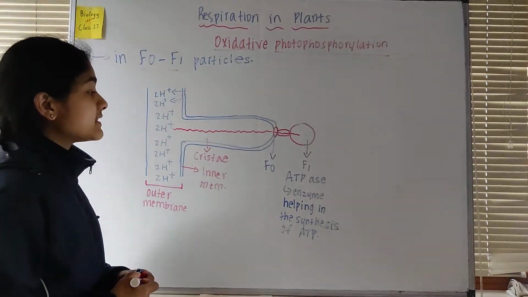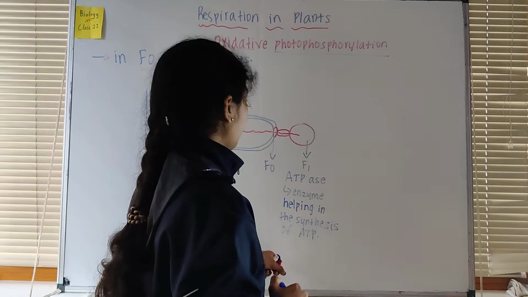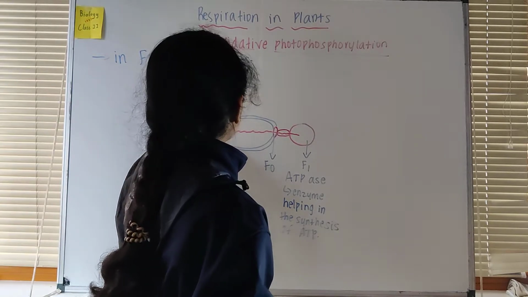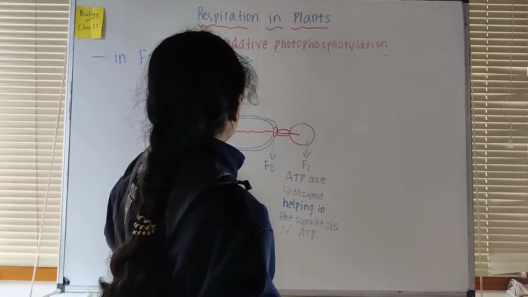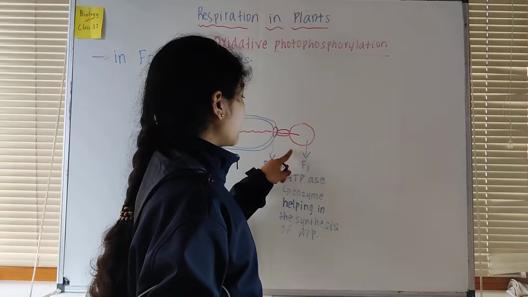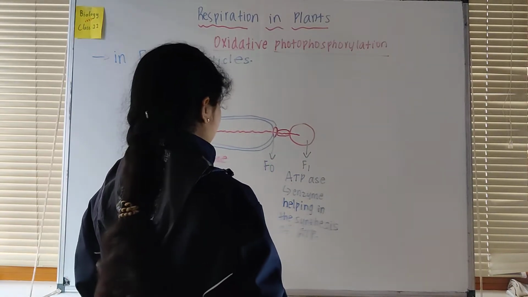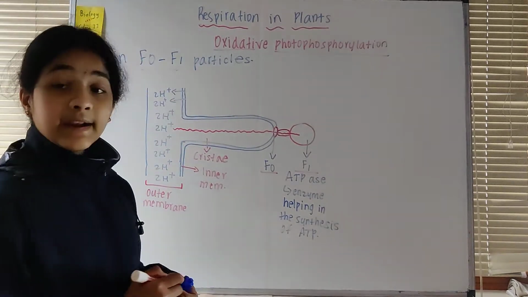ATPase is an enzyme which helps in the synthesis of ATP. So this energy released by the pair of protons, 2H plus, which has positive charge, when they reach the F1 particle, they act as ATPase which helps in the synthesis of ATP.